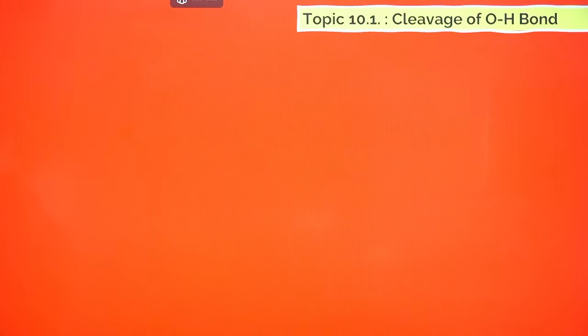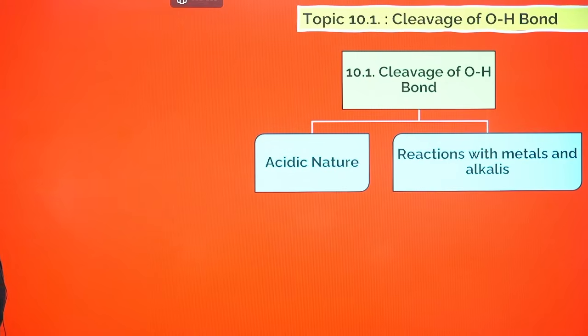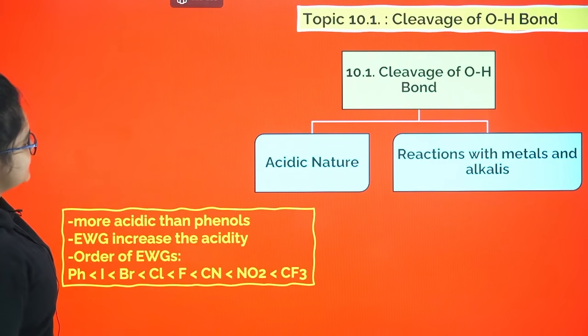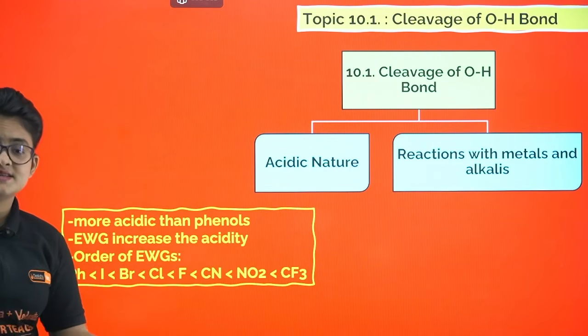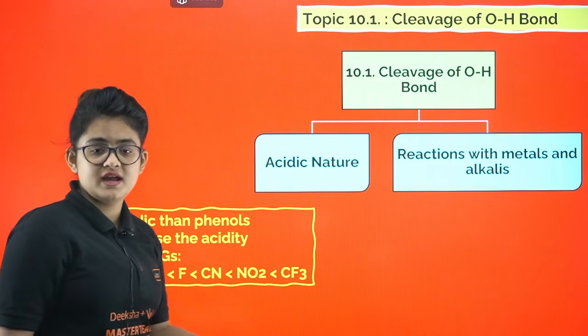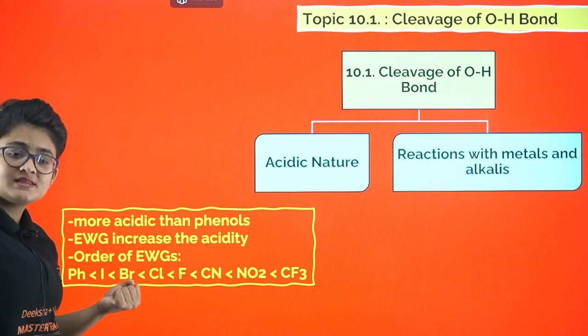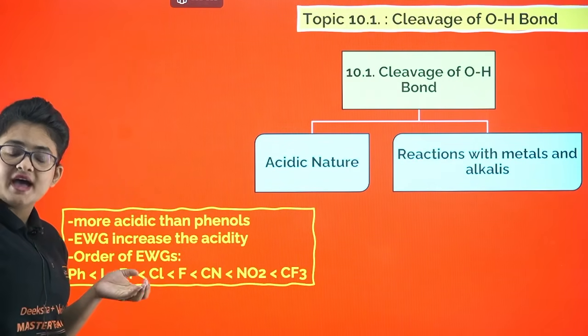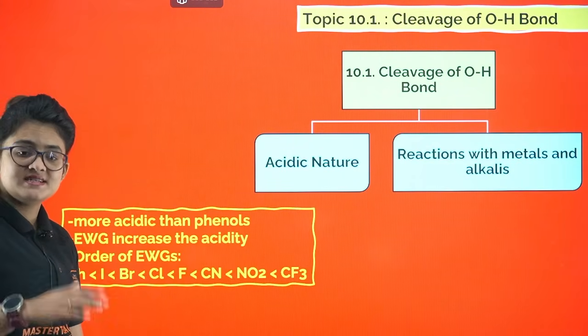Okay, cleavage of the OH bond. This will show acidic nature at first, and definitely the reaction with metals as well. It is more acidic than phenol, and an electron withdrawing group increases the acidity. If any electron withdrawing group is attached to the carboxylic acid, it pulls the electron cloud towards itself. As a result, the oxygen-hydrogen bond breaks quickly and acidity increases.